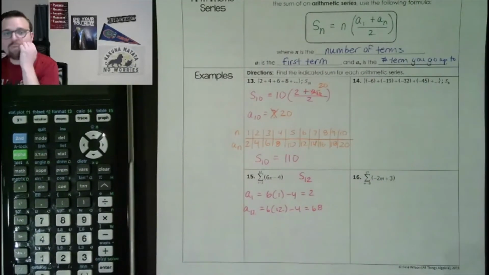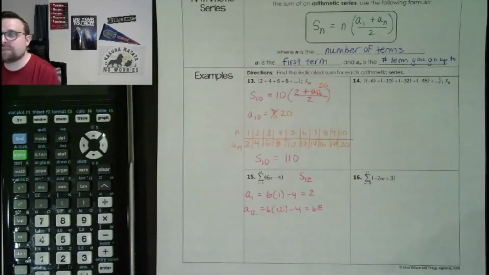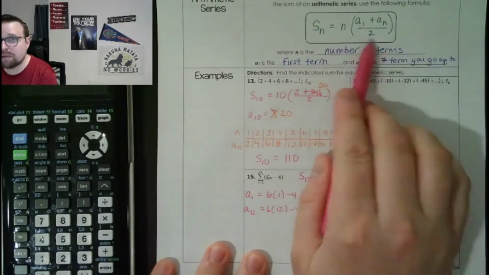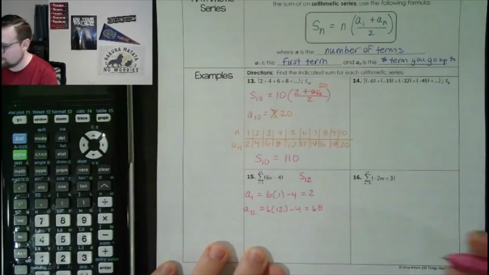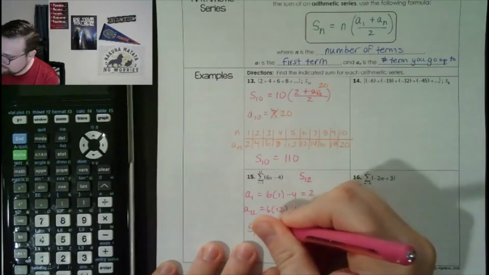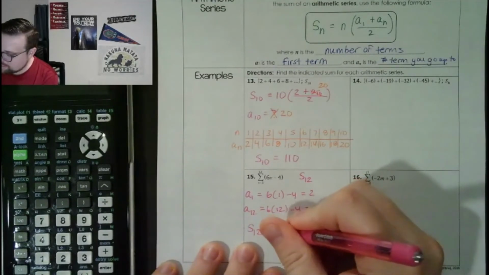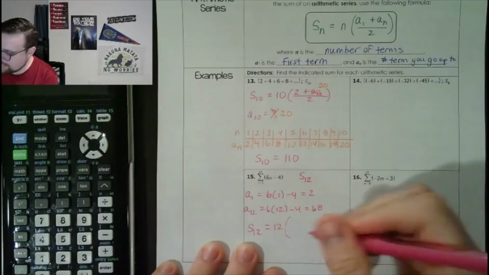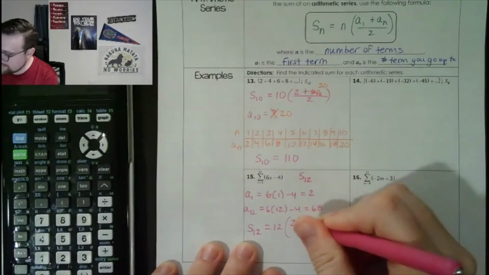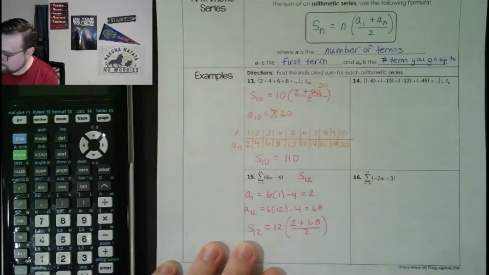So we have now found the first term and the term we're stopping at, and we know that n is 12, so we have everything we need to go back to this original formula and plug that stuff in to find that summation. S sub 12 is going to be 12, which is n, times this big quantity, the first term plus the last term, divided by 2.